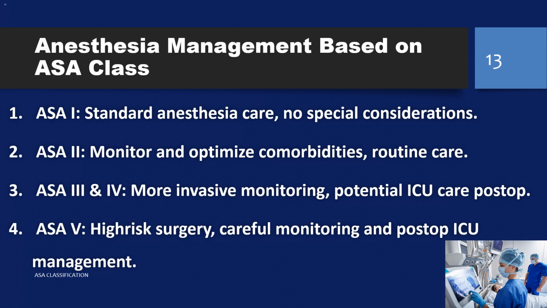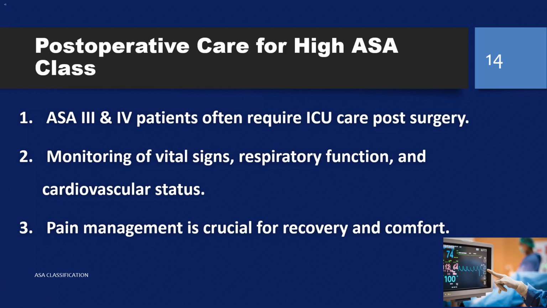risk level. Postoperative care for high ASA class. ICU care for ASA 3 and IV patients. Close monitoring: patients with severe systemic disease often require intensive care unit (ICU) care after surgery. High-level care: ICU care provides a high level of monitoring and intervention to manage potential complications.